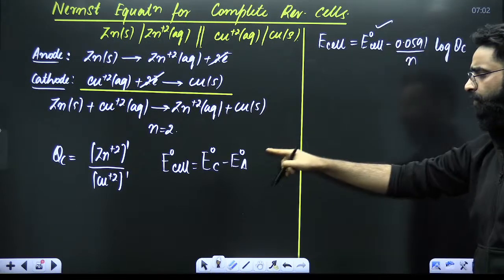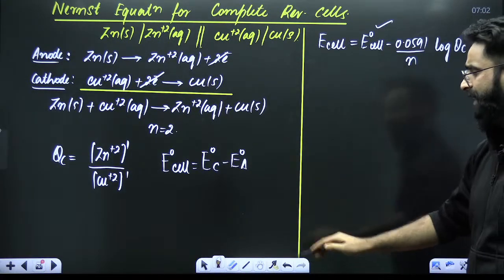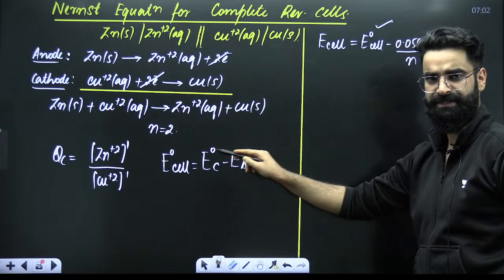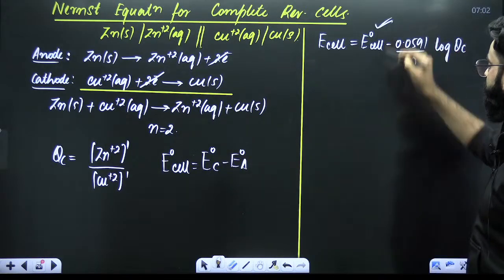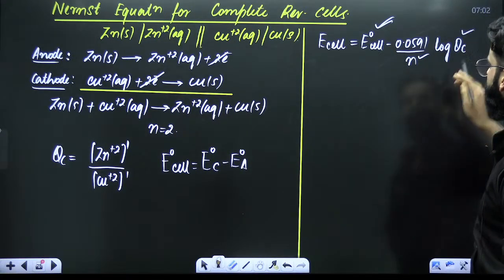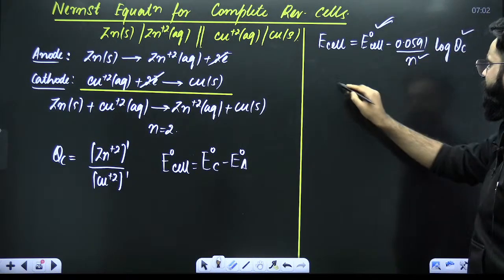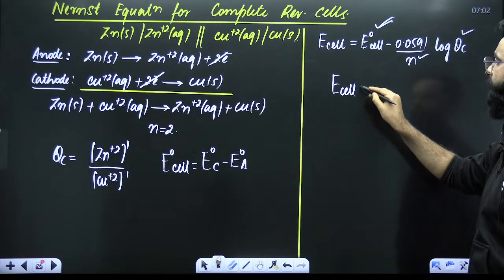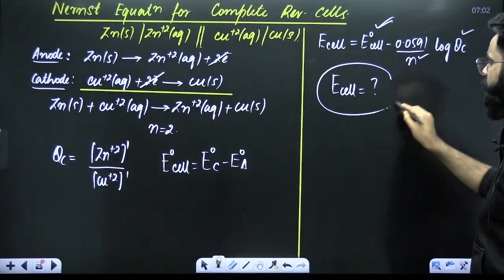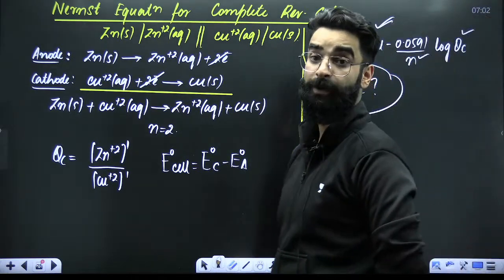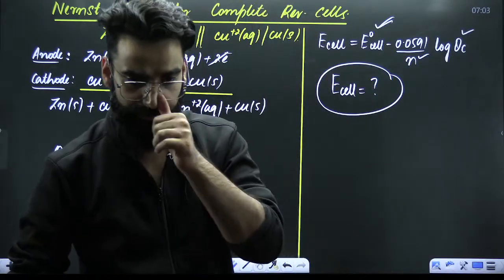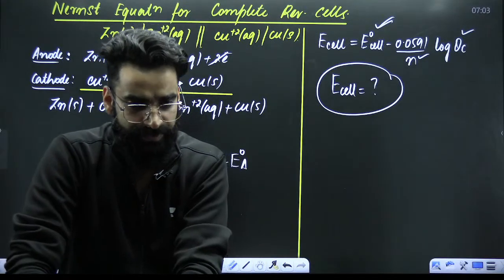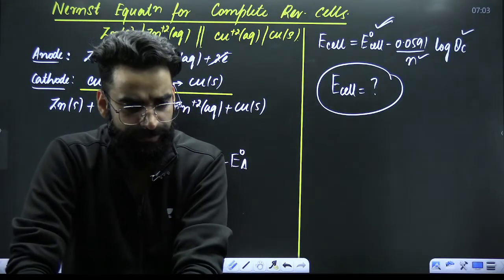E naught cell we can calculate from the given E naught cathode and E naught anode, n value we can calculate, QC we have calculated. So put all the parameters here and get the value of E cell. This is how you use your Nernst equation to calculate EMF of the cell. Perfect. Is this clear?